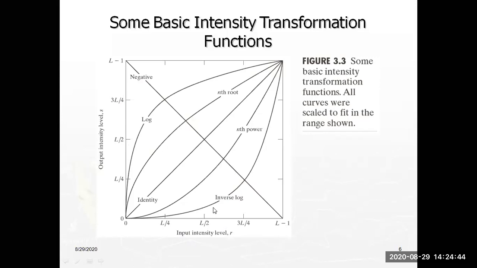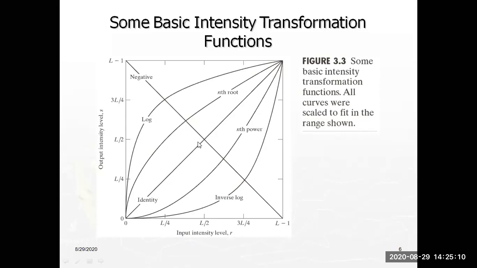Here there are different transformation techniques and functions: identity, log, negative, inverse log. Identity means linear. This curve is linear. The opposite is negative. That means if you are increasing intensity in the input signal, the output is also increasing, like this.